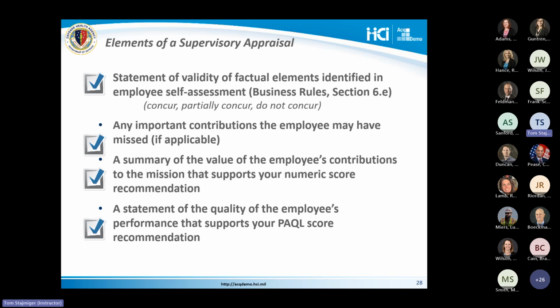If I want to plus up or minus down from their expected score to the numeric score I'm recommending to you, I'm going to pick from that discriminator list and then explain why in those areas I feel they were underpaid or overpaid. And then lastly, I have to support the 135 pay equal score. I feel the employee met and sometimes exceeded the criteria in these ways. I feel they substantially and consistently surpassed that criteria in these ways. I've got to write something to support my recommended score to you.